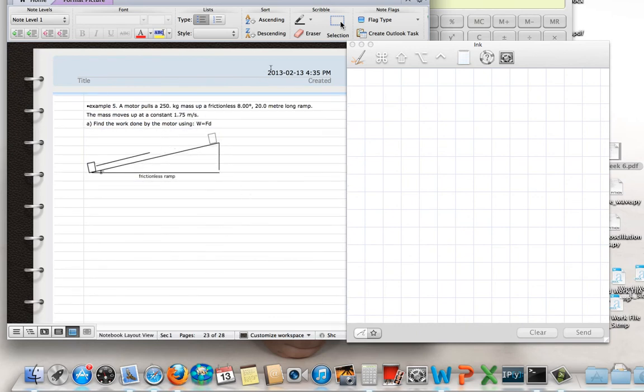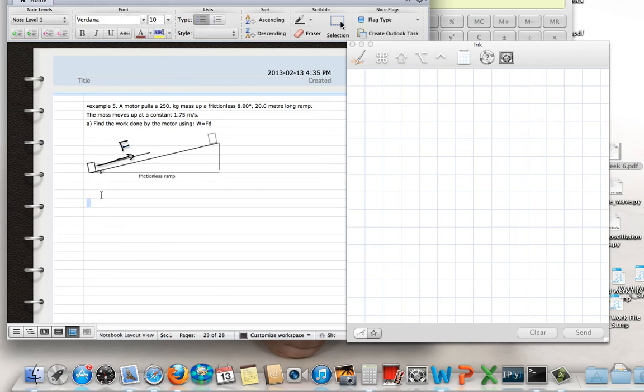All right, so we're going to pull this object up a ramp, okay? Let's first do this by force analysis. So the forces that act on this object as it's pulled up the ramp, well, you've got to be pulling it up the ramp with a tension or a force. Then, of course, there'll be a gravitational force straight down towards the center of the Earth.